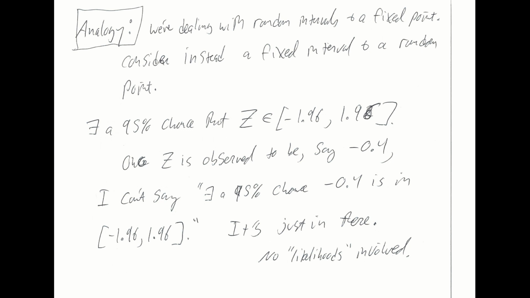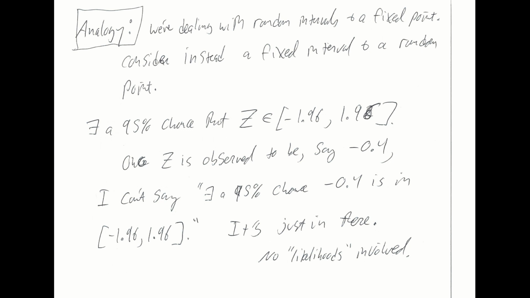So that only works before the actual value of z has been observed. If I go ahead and observe a value for my normal z, and I see it to be negative 0.4, for instance, I'm not going to say that there's a 95% chance that negative 0.4 is in the interval from negative 1.96 to 1.96. That's ridiculous. It is in there. It's a number, and it's in that interval. I don't talk about the probability of a fixed number being in a fixed interval.